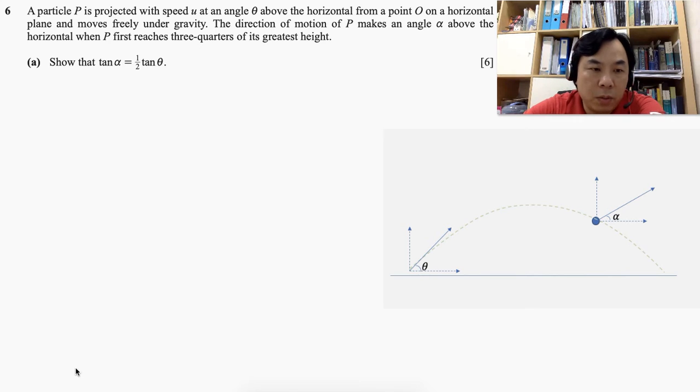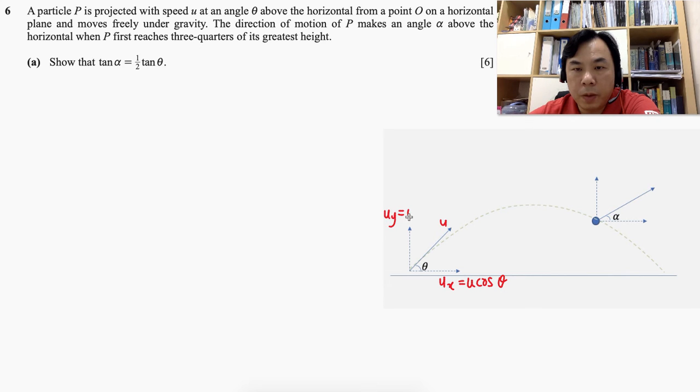Based on my personal preference, I would prefer to label first of all, because it moves at speed u here, I would usually resolve its horizontal component and vertical component. So its horizontal component is given by u cosine theta. Its vertical component is given by u sine theta there, right? So I hope that's clear.